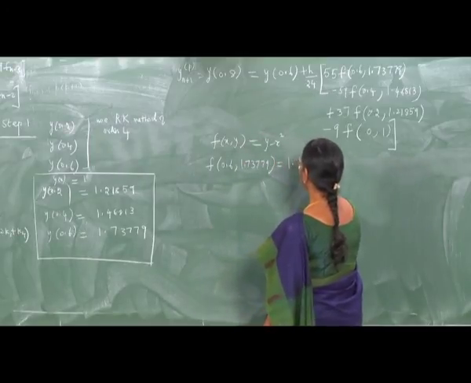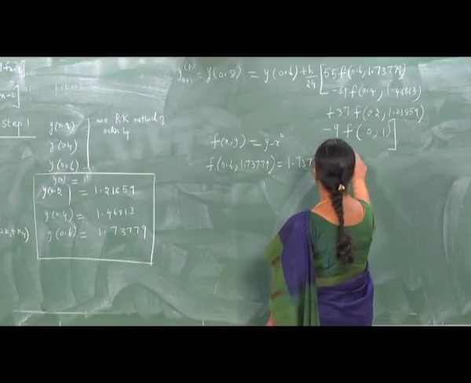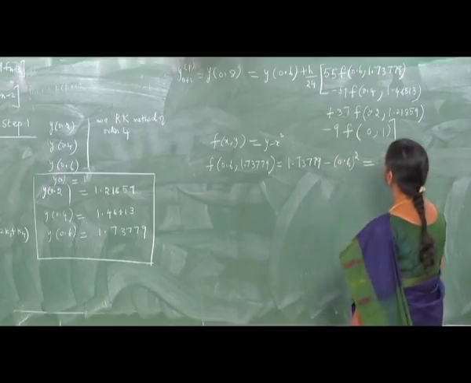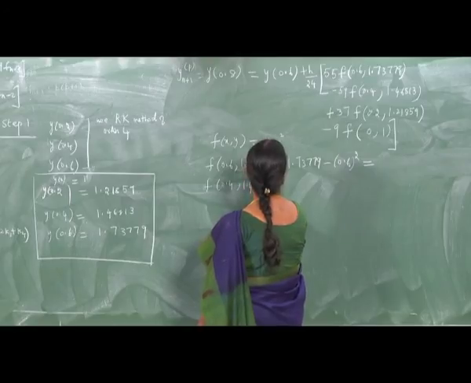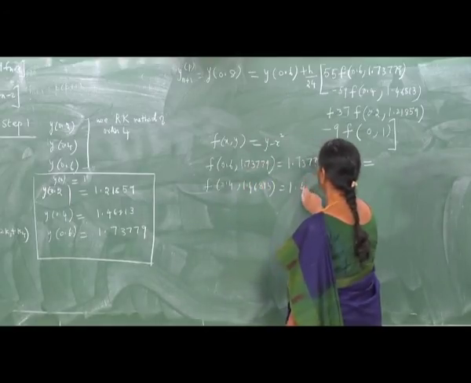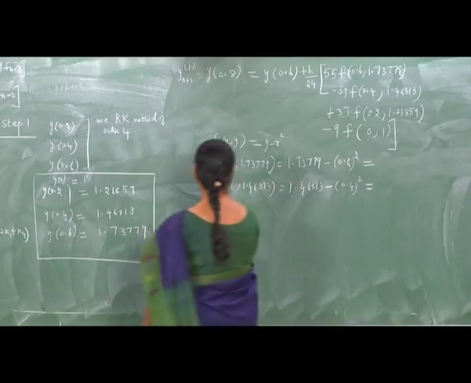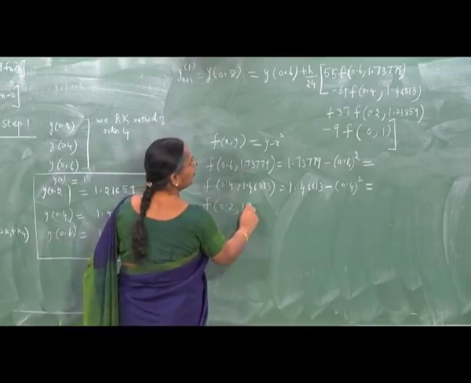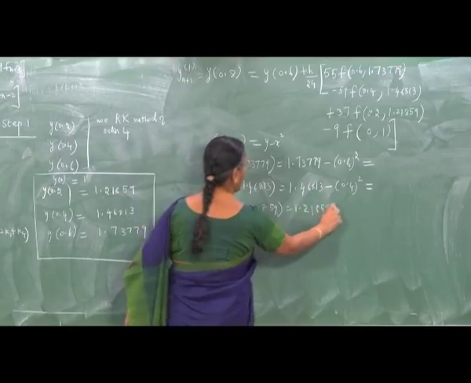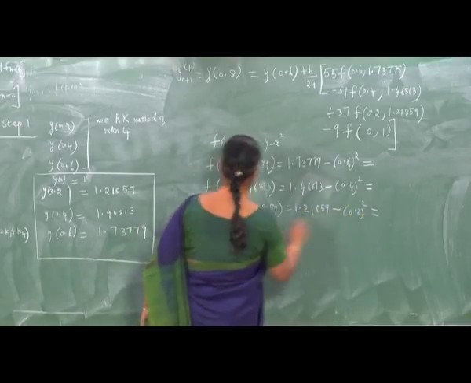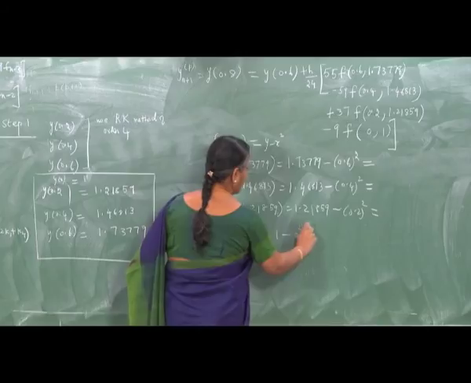So, it is 1.73779 minus 0.6 square. Then f at 0.4 and y is 1.46813. So, it is 1.46813 minus 0.4 square. f of 0.2 and y is 1.21859. So, 1.21859 minus 0.2 the whole square, and f of 0 comma 1, and that will be 1 minus 0.